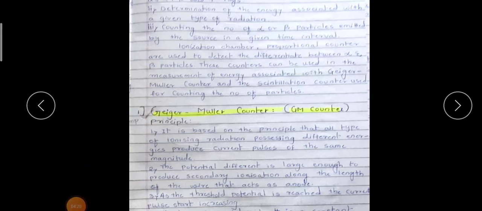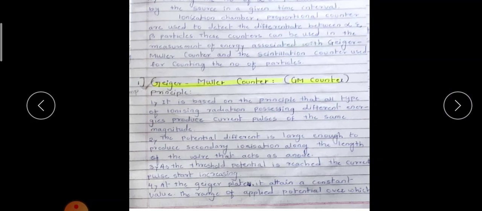Whatever the potential difference is, it should be large enough to produce secondary ionization along the length of the wire, which acts as an anode. As I said, when the minimum value of the potential, the threshold potential, is reached, the current pulse starts to increase. But at the Geiger plateau, it attains a constant value.